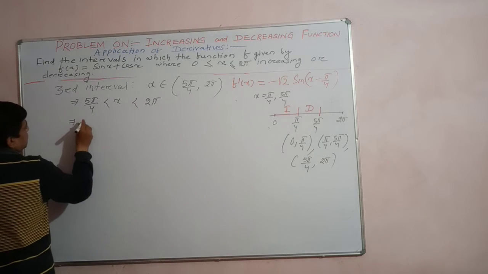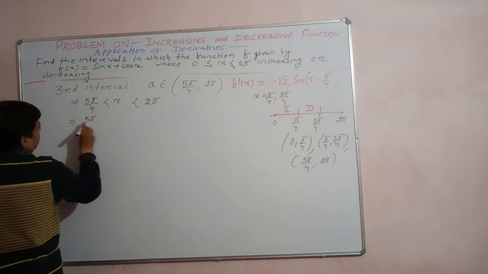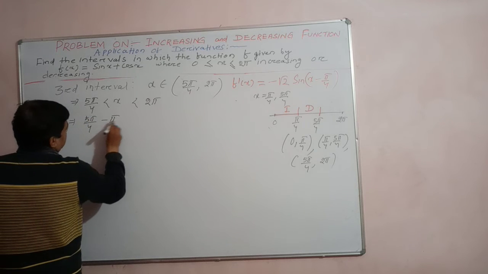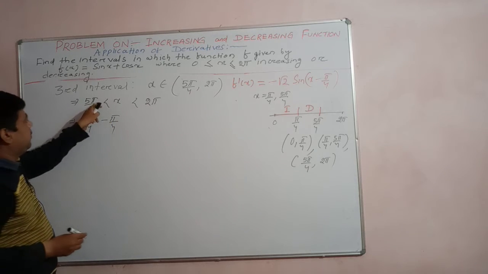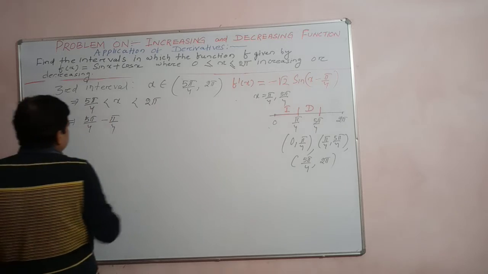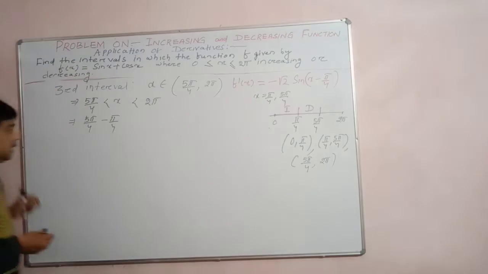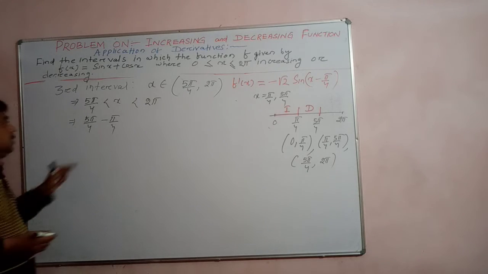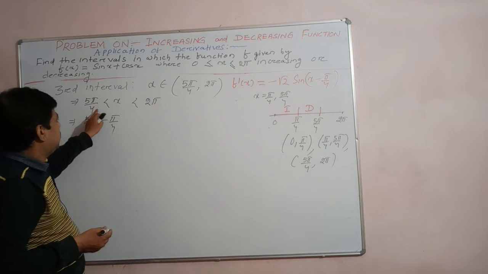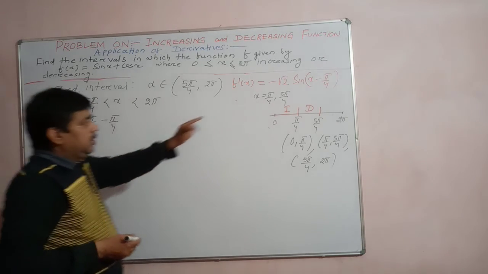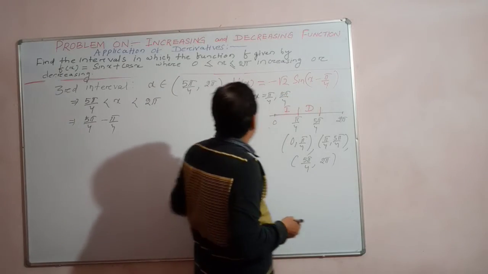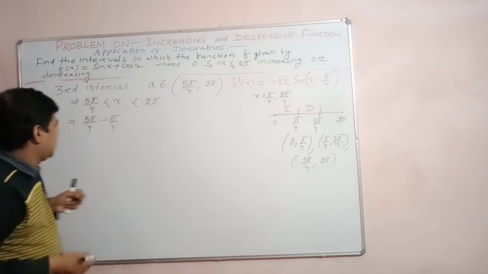Because x lies between 5 pi by 4 and 2 pi, your angle is x minus pi by 4. If x lies in the interval 5 pi by 4 and 2 pi, we have to check in which interval x minus pi by 4 lies.